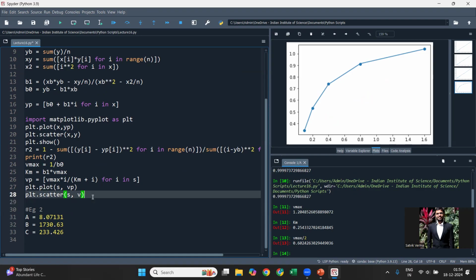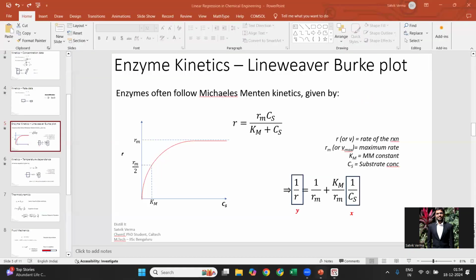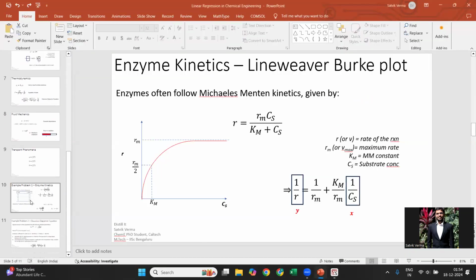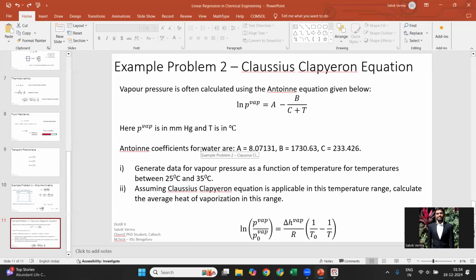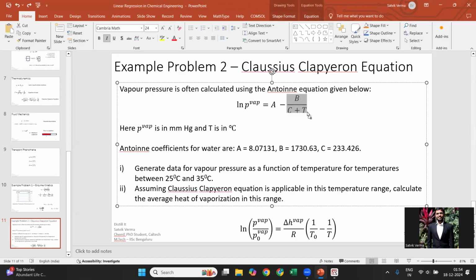Okay, so hopefully that is good to go. Now we move to the next example, which is on the Clausius-Clapeyron equation. Whenever we try to predict vapor pressure as a function of temperature, the transition temperature, right?